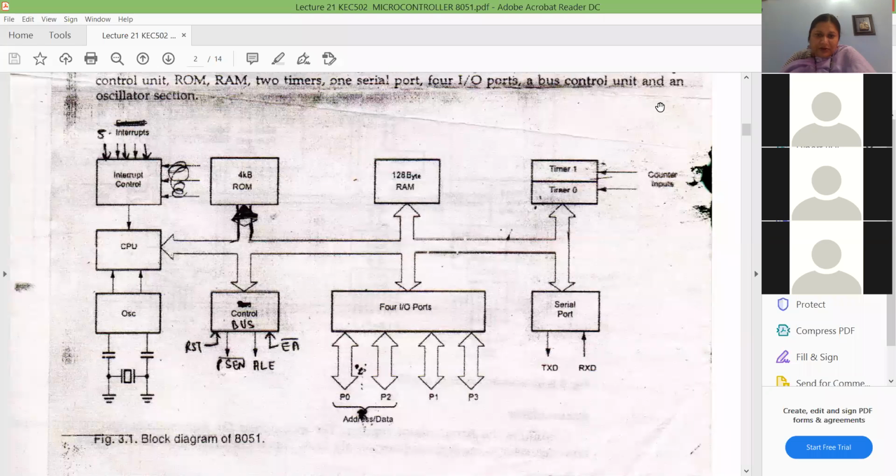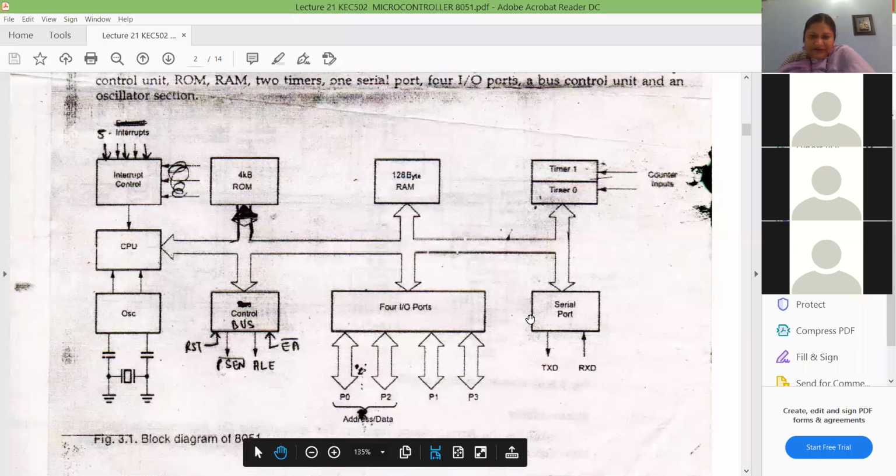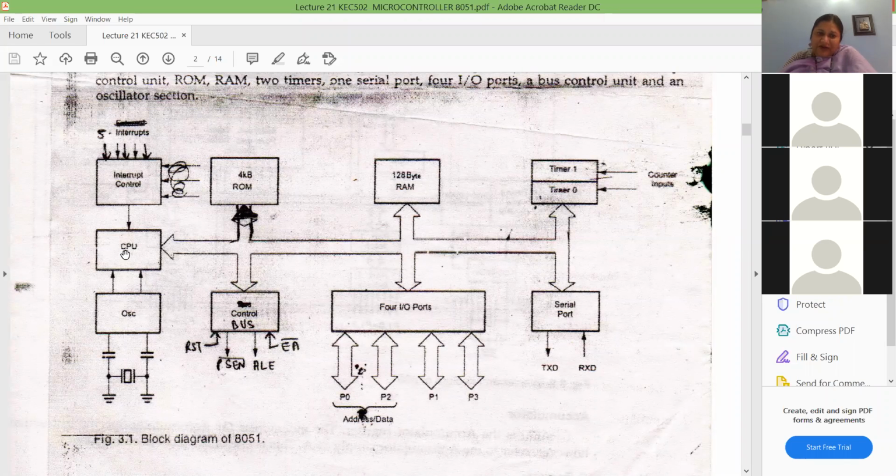So this is just a block diagram of the inside blocks of the 8051 microcontroller. In 8085 we have the CPU, central processing unit, the oscillator circuit, the control bus, and the data bus. But in 8085 we do not have internal ROM or EPROM, internal RAM, internal timer counter, input output ports and serial port.